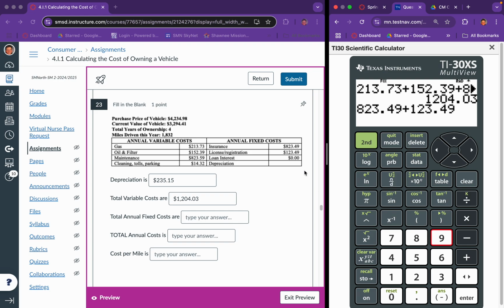And then you don't have any loans, so that's still a zero. But you do have a depreciation. Your depreciation is $235.15. So we need to add $235.15 because it's lost that value. So your annual costs are $1,182.13.